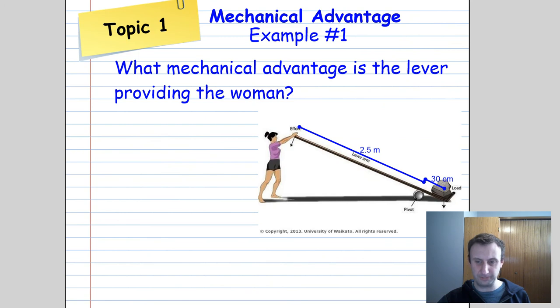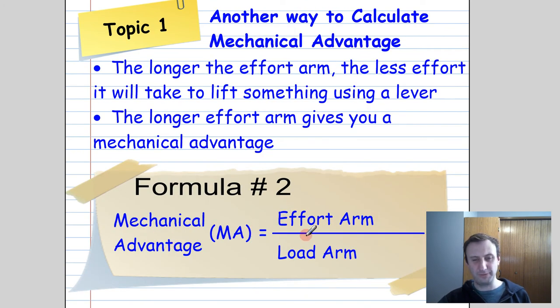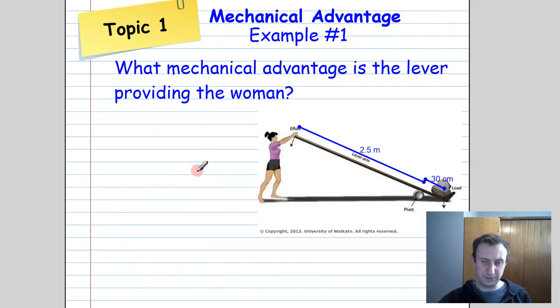So let's try this out. Again, mechanical advantage is equal to effort arm divided by load arm. What mechanical advantage is a lever providing the woman as she is pulling down on this to lift this rock?